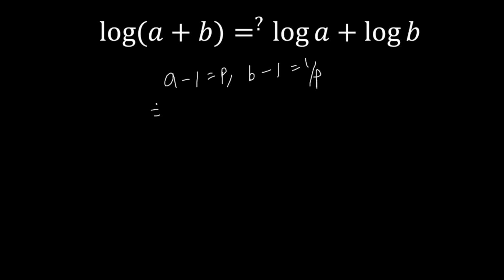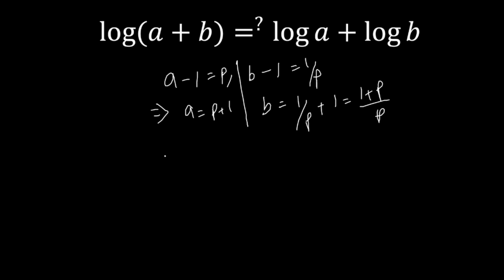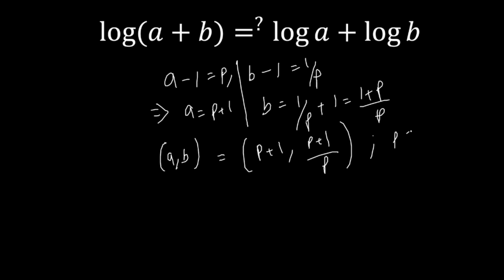This would mean that a is basically p plus 1, while b is 1 by p plus 1, which is basically (1 plus p) by p. So the pairs (a, b) can be represented as (p plus 1, (p plus 1) by p), with p not equal to 0, and this would generate infinitely many solutions.